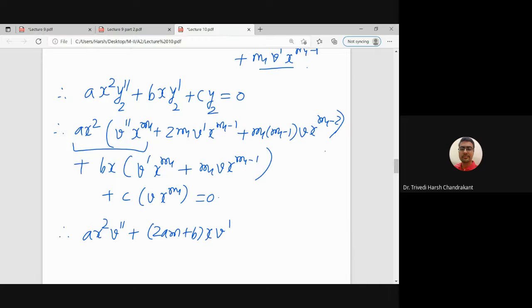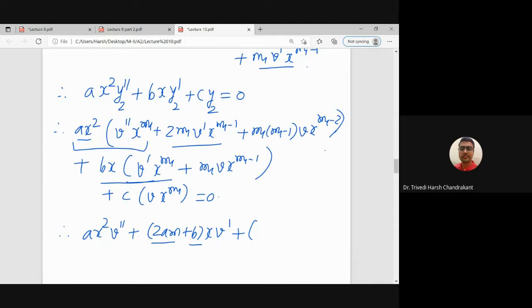The v dash terms are this one and this one, from which we have cancelled x^m1. The remaining is 2m1 a x v dash, that is the first term, and then bx v dash. And then the last term we can write down is a m1 square plus b minus a m1 plus c, times v, equals 0.